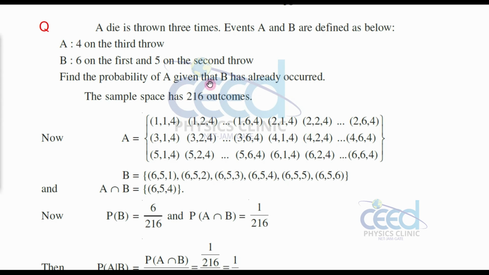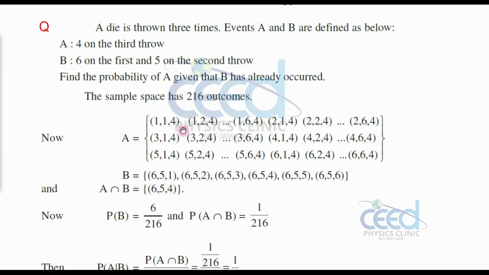A given B means B has already occurred. What is A? A is 4 on the third throw. What are the different combinations? Three dice are thrown. What are the different possibilities in which 4 comes last?